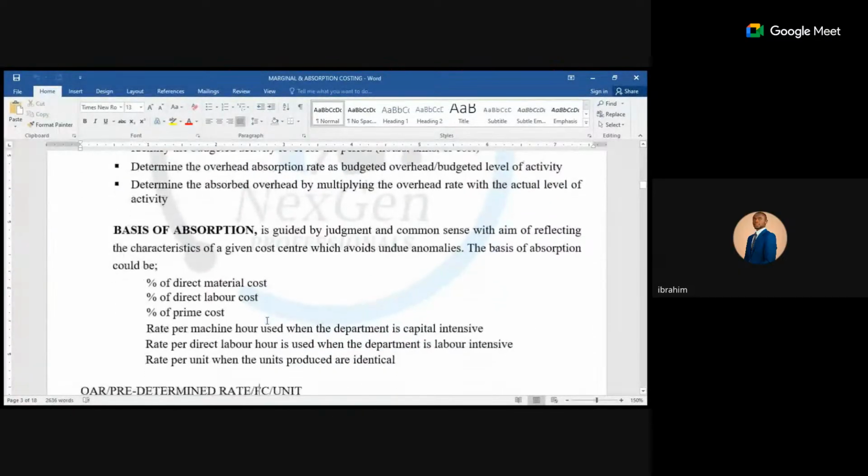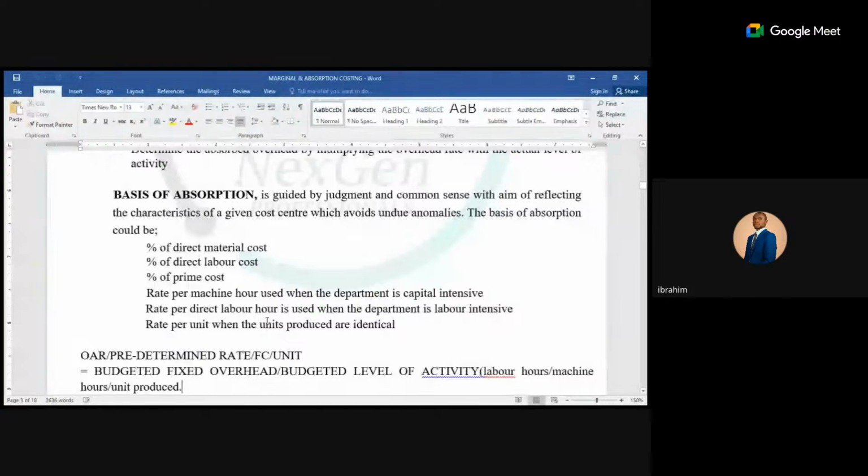Now, basis of assumption. I've explained that you can absorb overhead on different bases: either percentage of material, labor, machine hour, or units produced. It depends on the company policy and on what is given to you in the question.